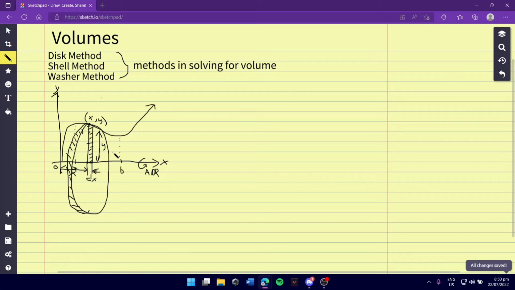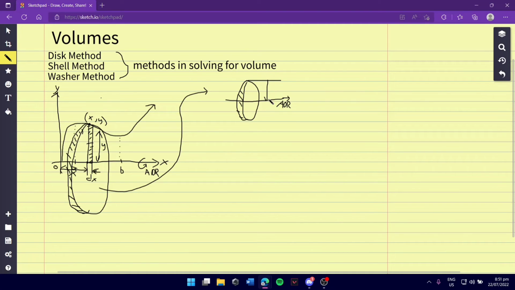As in the previous topic, we need to get the disk. So we put here the disk. So this is now your disk, and this is your AOR, your axis of rotation, right? So let us label it: this is your y, and the thickness is your dx.